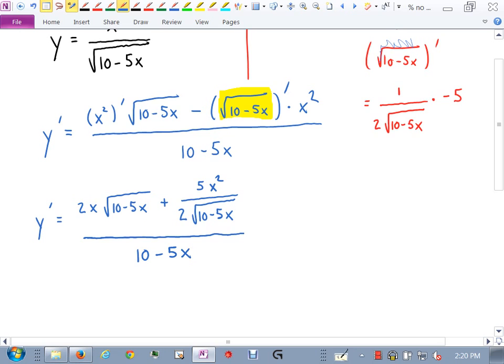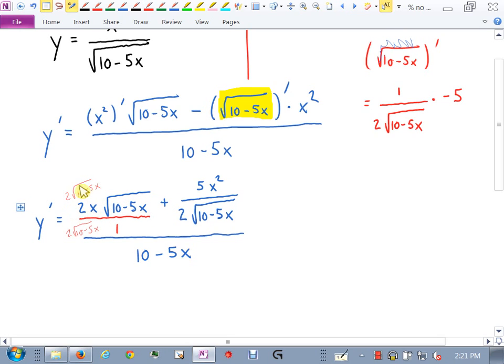Now the back of the book definitely would not leave it like that. That's the raw derivative though. So what the back of the book would do is they would get a common denominator here. Put these two together. So to put the two here together, you have to introduce what on that first fraction? You need to put a 2 root 10 minus 5x on the bottom, and then on the top, same thing, 2 root 10 minus 5x.